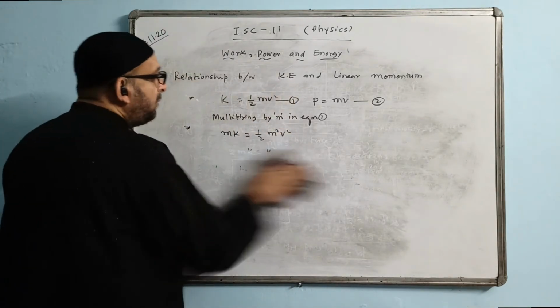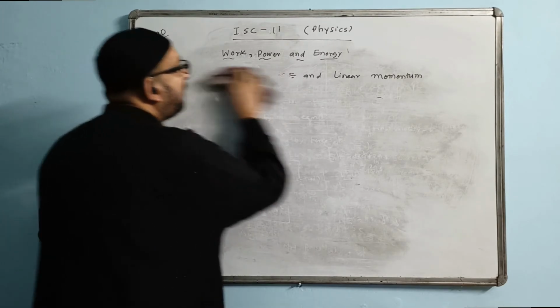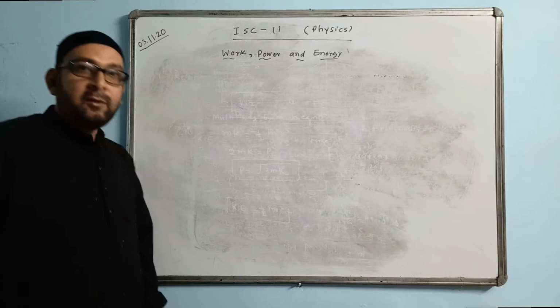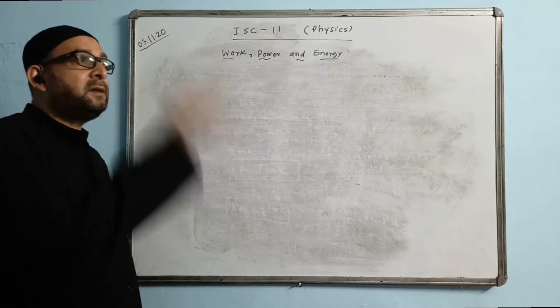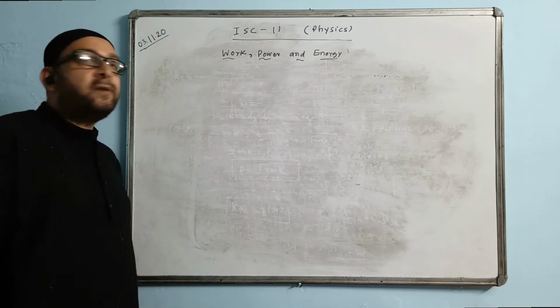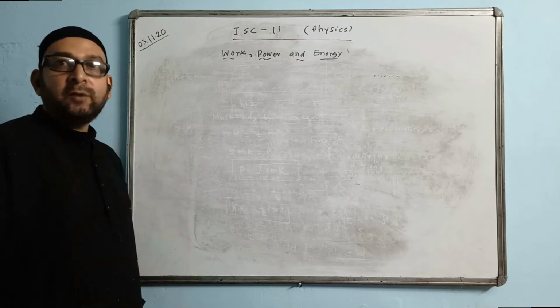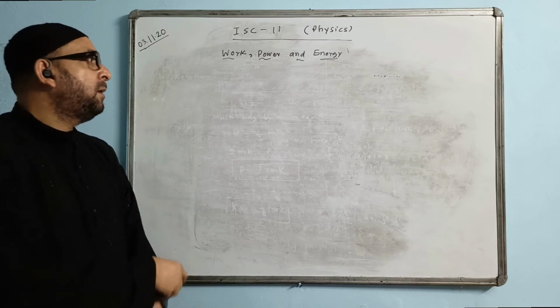Okay, now another thing. What is the potential energy formula? We have mgh, which we did in class 10 also. Potential energy is mgh when there is a height. And there is the law of conservation of energy, which says that energy is neither created nor destroyed, it can only be changed from one form to another form.